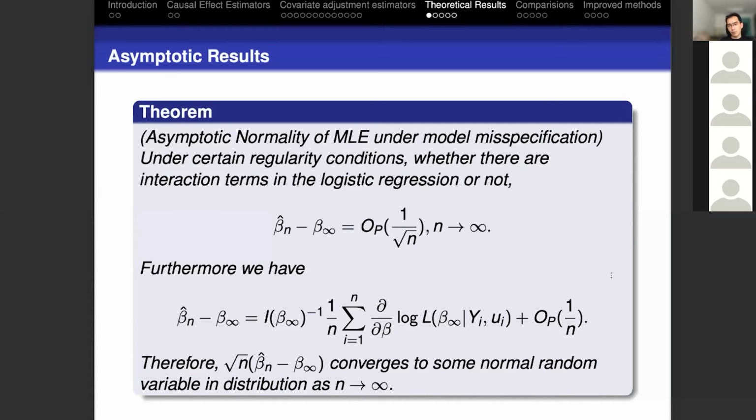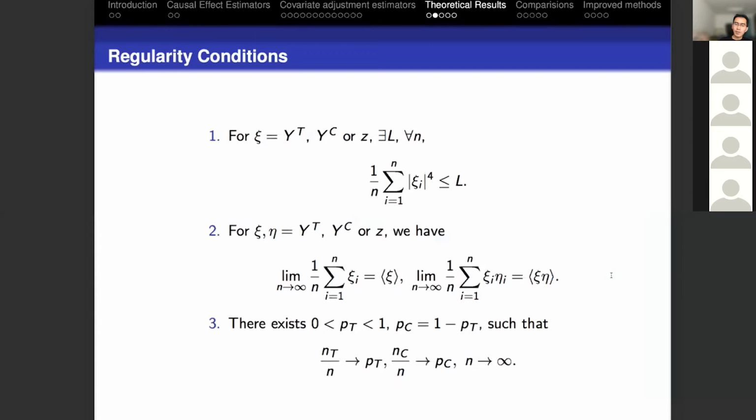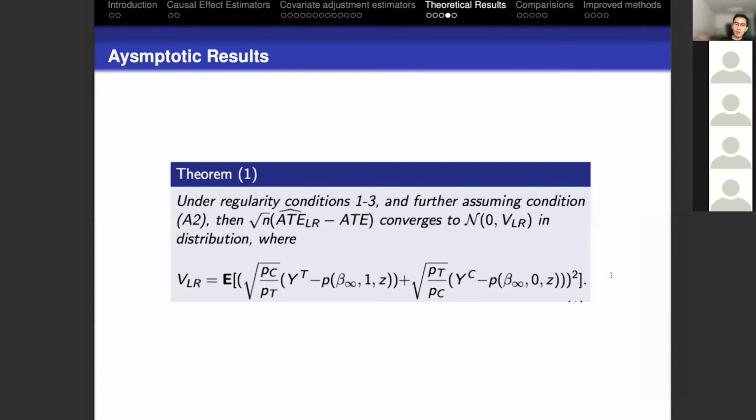The good result is that no matter whether the model is well specified or misspecified, the estimate of the average treatment effect using the logistic regression adjustment, with interaction or without interaction, is always consistent in both cases, and they have an asymptotic normal distribution.